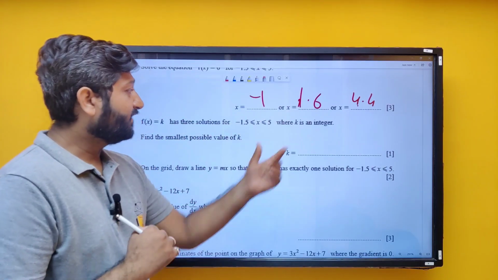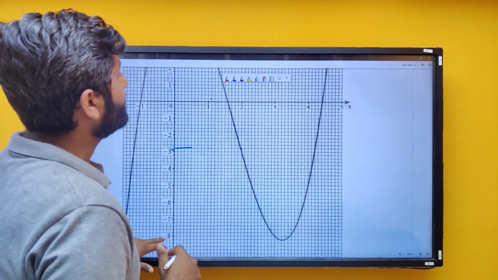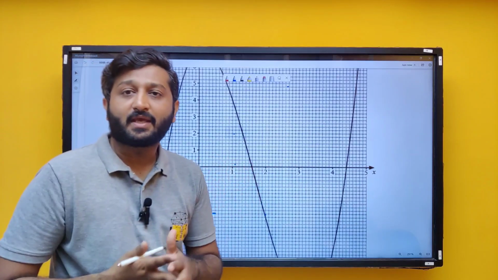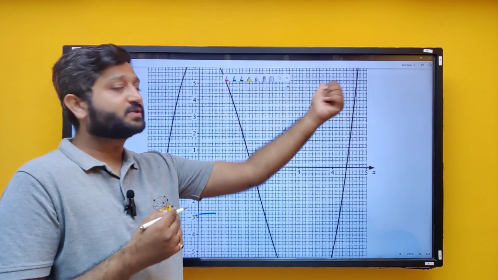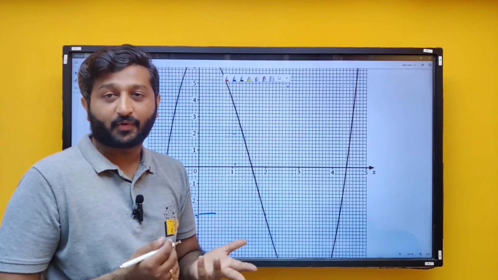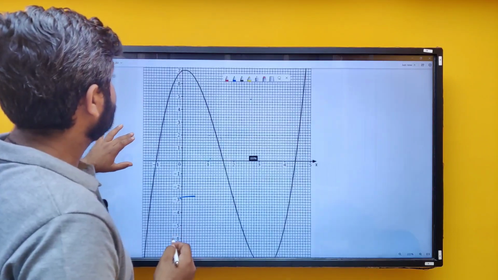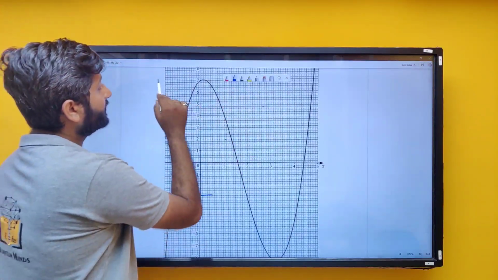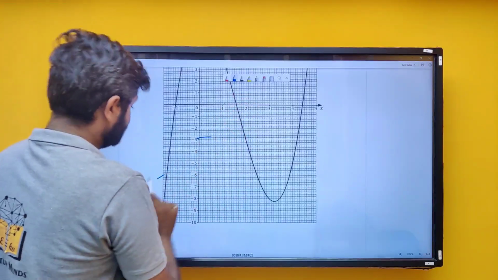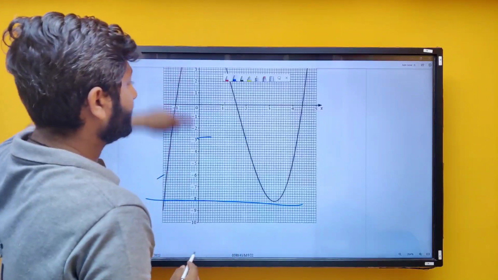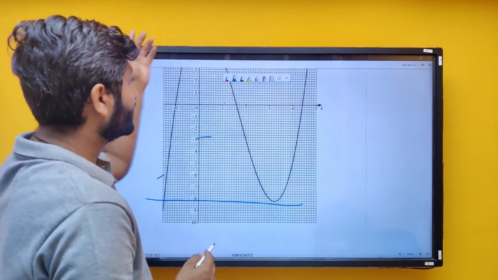Next we have f of x equals k has 3 solutions where x is between minus 1.5 and 5, where k is an integer. Find the smallest possible value of k. So f of x equals k means that y equals k has 3 solutions. 3 solutions means the line y equals k will intersect the graph at 3 different points. Between these 2 points, the graph is intersecting at 3 different points, but I am supposed to find the smallest possible value, so I will ignore the upper part.